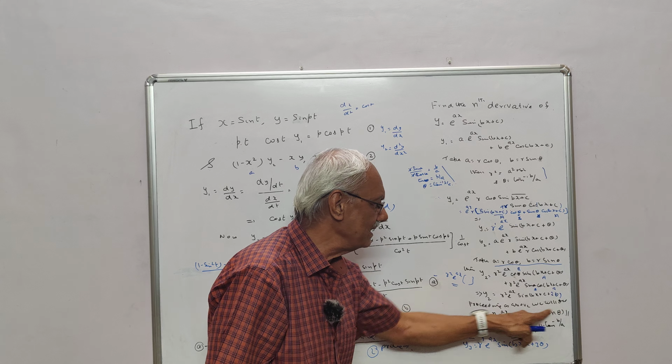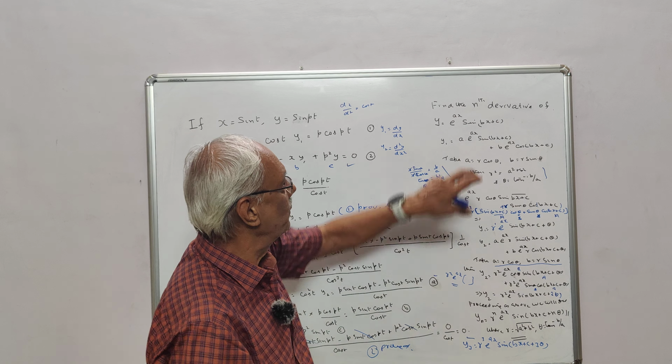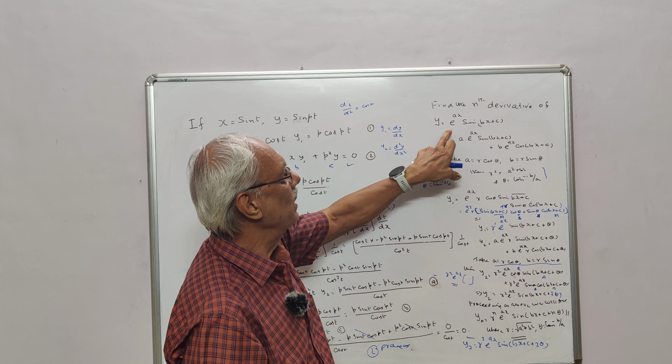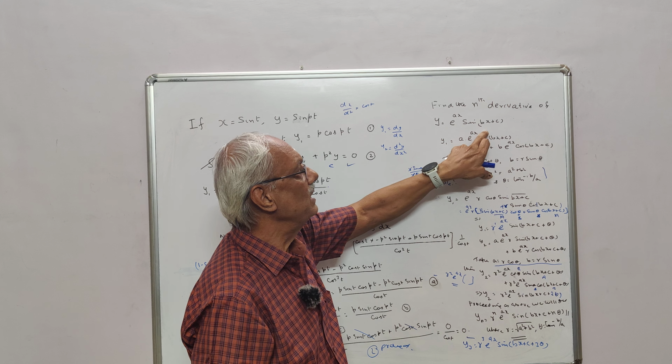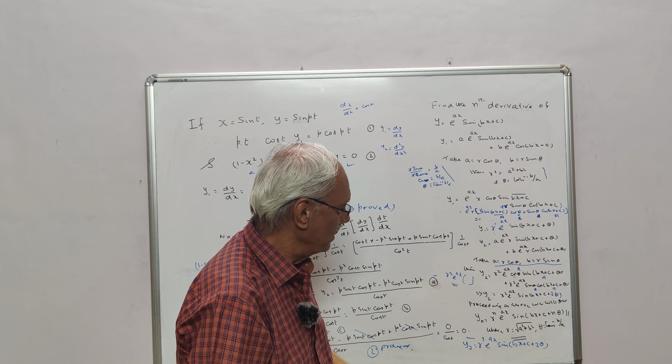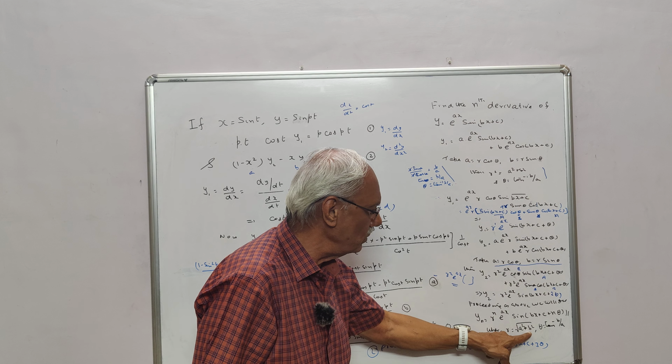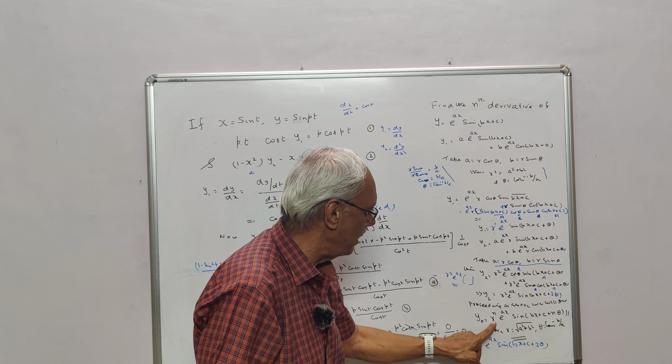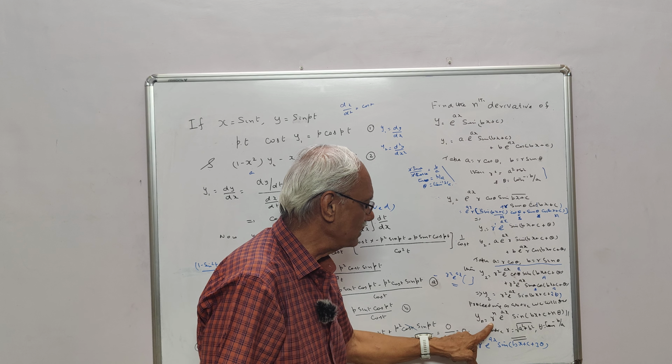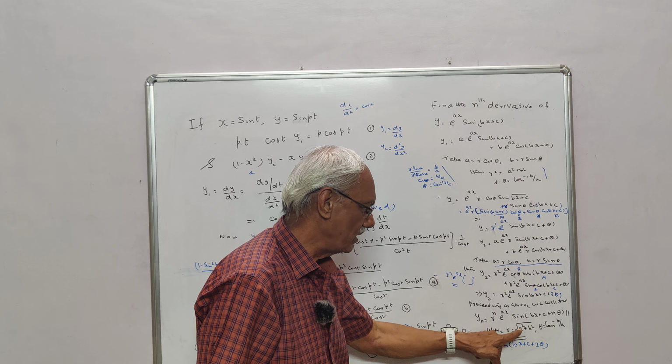This is your nth derivative of the function y is equal to e to the power of ax into sin of bx plus c. Now, what is the value of r here? r is nothing but a squared plus b squared whole to the power of half.